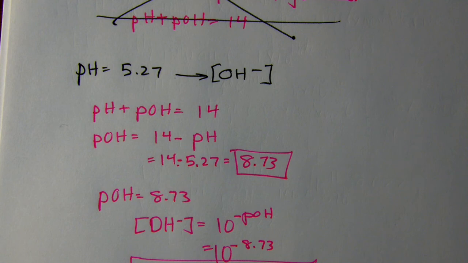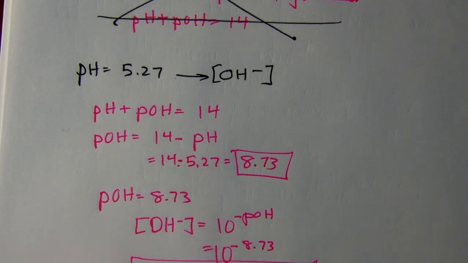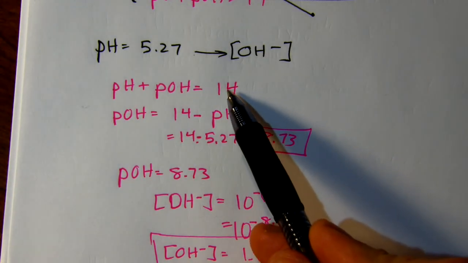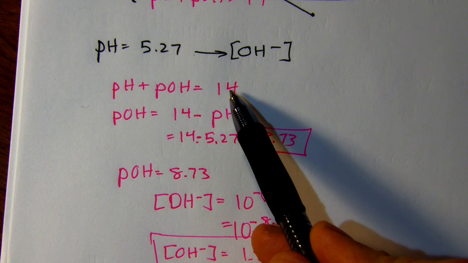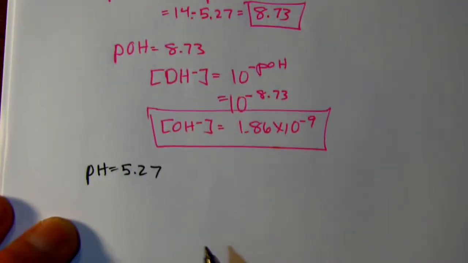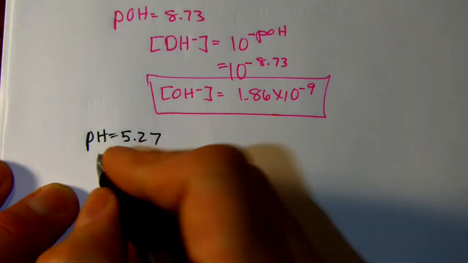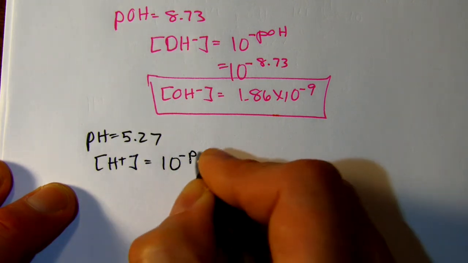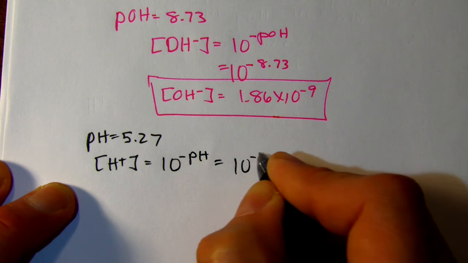Now let's do it another way. What if we had pH equals 5.27, and instead of doing this part first, let's figure out the hydrogen concentration first. So you could do it this way. H plus equals 10 to the negative pH equals 10 to the negative 5.27.